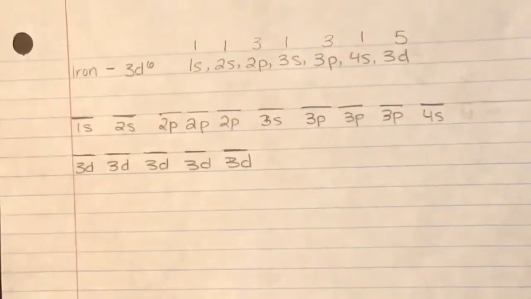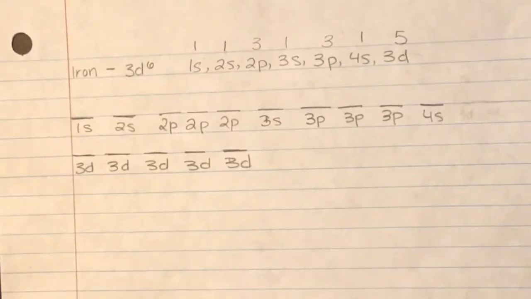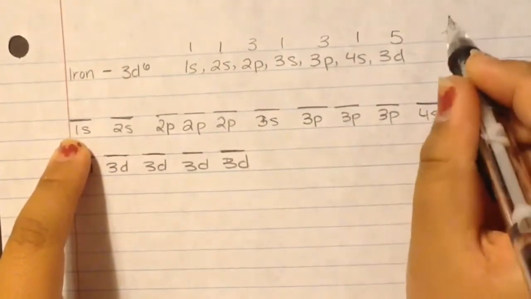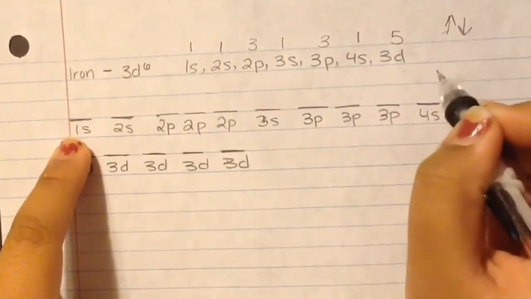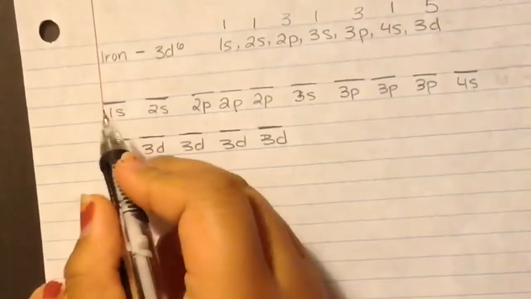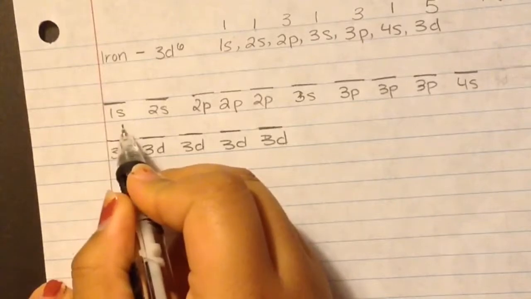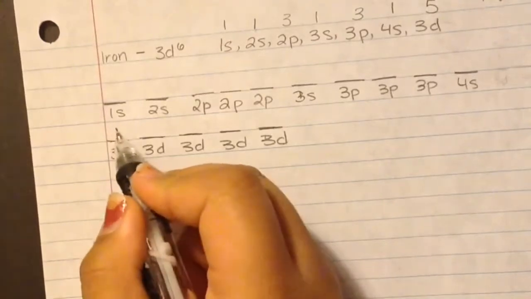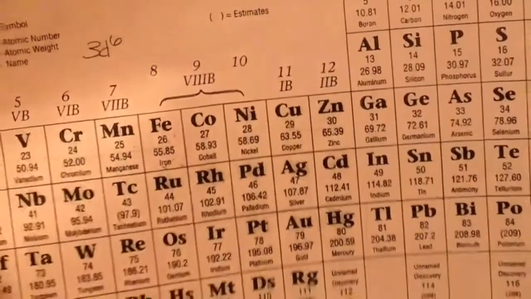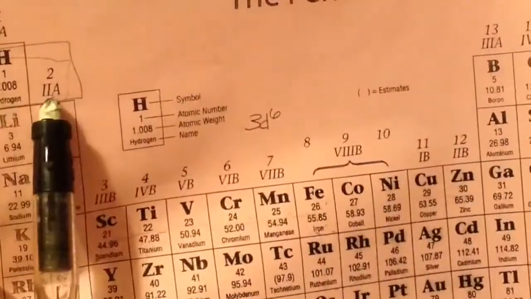Okay. So once you got that down, this is where the 3d6 comes in handy. Okay, so you know these little arrow things, right? That's the whole purpose of the orbital diagram. So this section is already closed off, since iron is over here, it basically passes 1s.